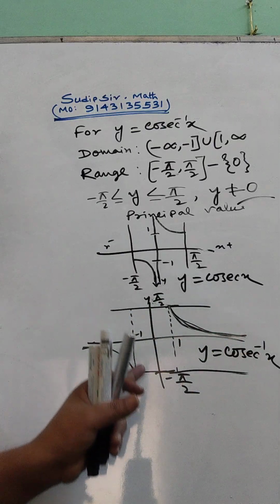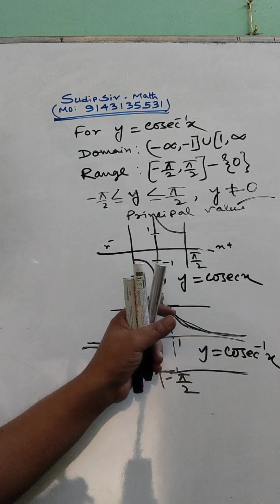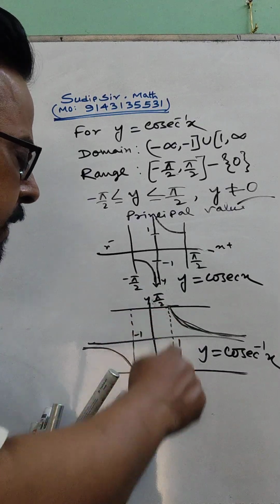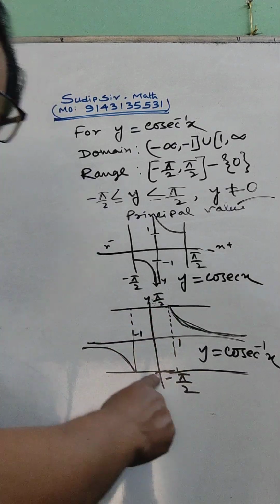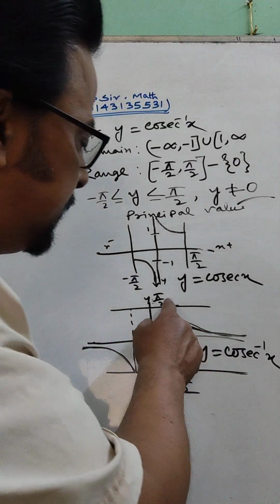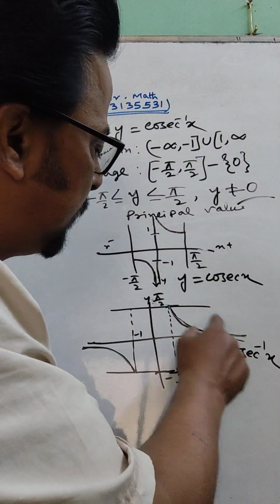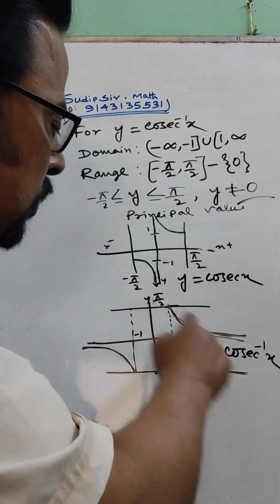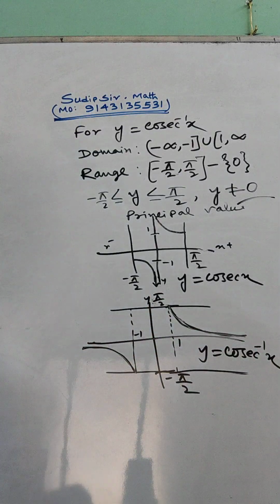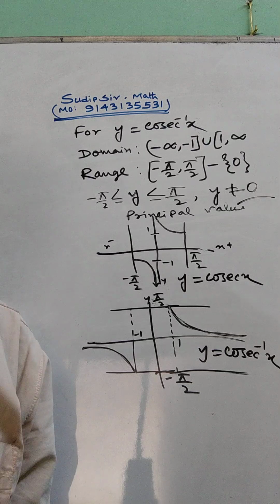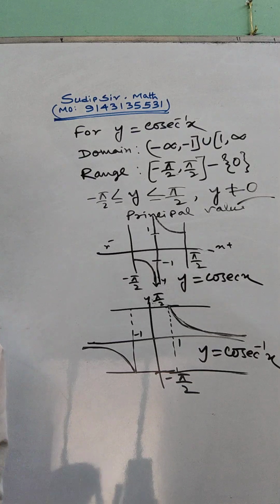This is the pi by 2 line, and this is the minus pi by 2 line. The graph of cosec inverse x will be like this.